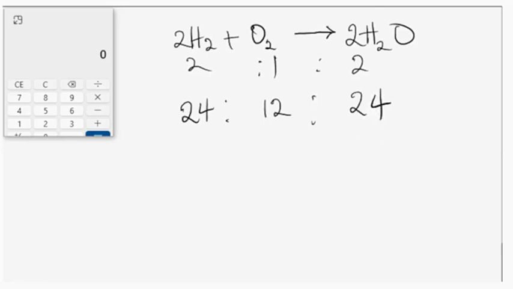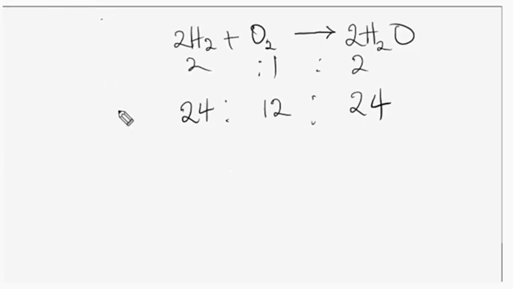But guys, in the question we have that 35 cm³ of hydrogen gas was sparked with 12 cm³ of oxygen, which means that we have excess of hydrogen gas being sparked.